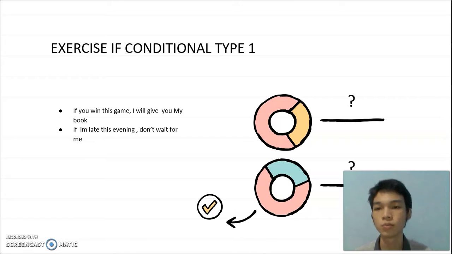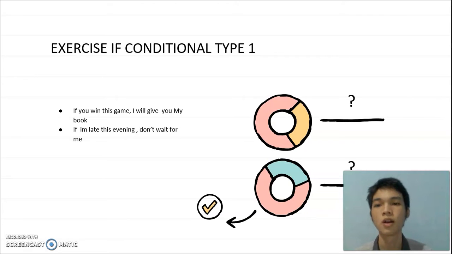So this will happen if you fulfill the condition, like this sentence: if you win this game, I will give you my book. That is, if you fulfill the condition, like you win the game, then I will give you my book.